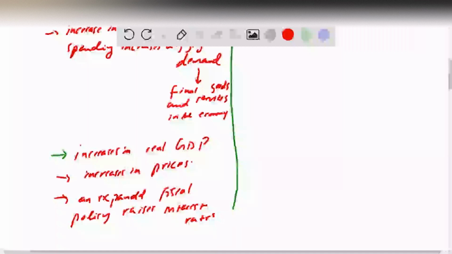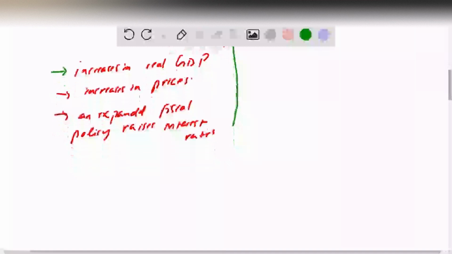And this increase in interest rates has a negative impact.